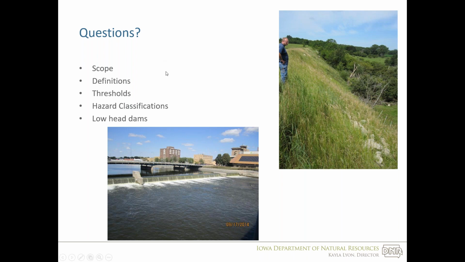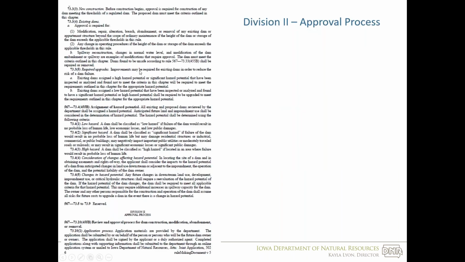So the next section, Division 2, is the section of rules that has the process for approval and application. So the first step, we added that you can apply online to the rules.